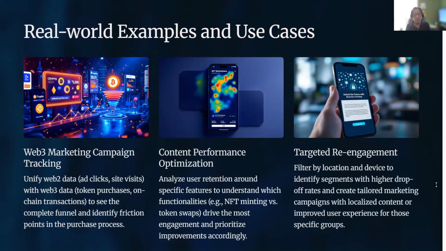And then on the content performance optimization side, you can have various content that you are going to publish within your decentralized application, explaining the new product or service and how they can use it. For example, if you are marketing a gaming website, then there will be instructions on how to play the game, how to collect, and how to purchase NFTs, and your customers will be creating various websites and running campaigns by posting those links on various social media platforms.